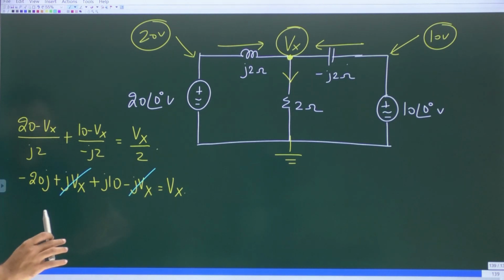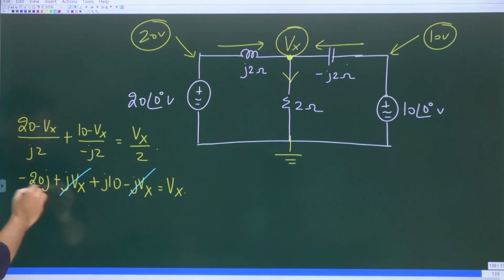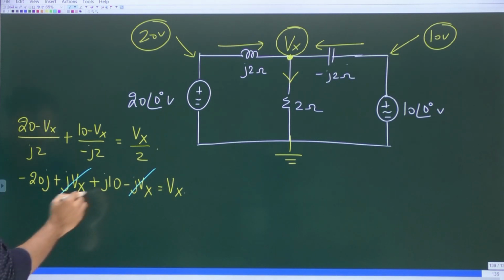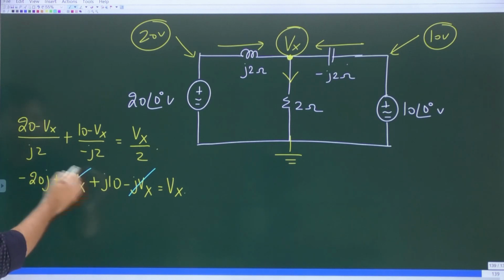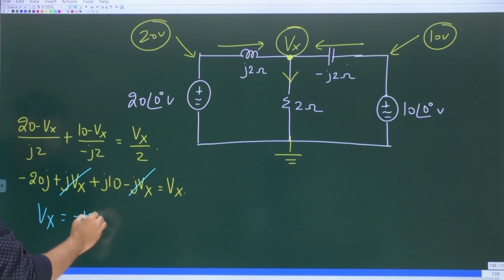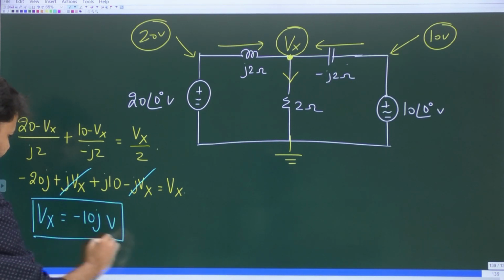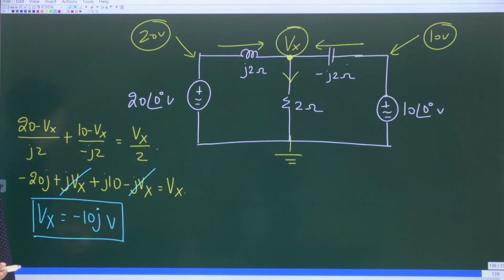I hope this is correct. So on the right hand side Vx is left. On the left hand side minus 20j plus j10. So Vx, is it not simply minus 10j volts? Vx is minus 10j volts. Is it correct or not?